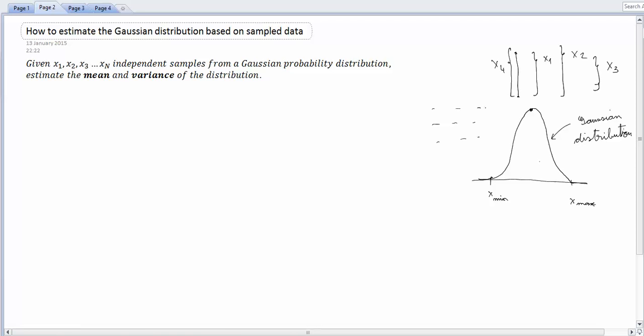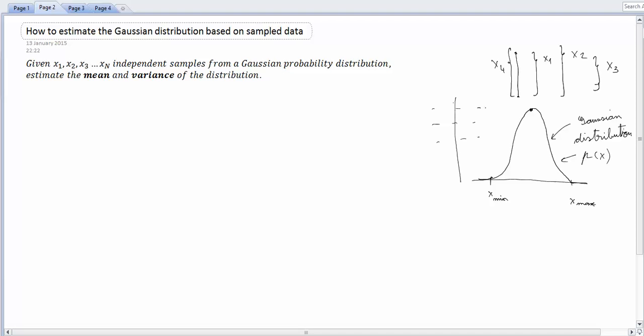And it has a mathematical formula assigned to it. We will discuss the mathematical formula later. What you need to understand is that in order for a function to be a Gaussian distribution or a probability distribution, you need to have certain conditions fulfilled. For example, let's call this p of x.